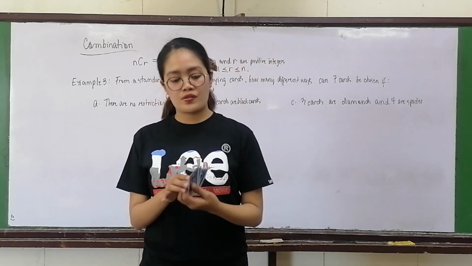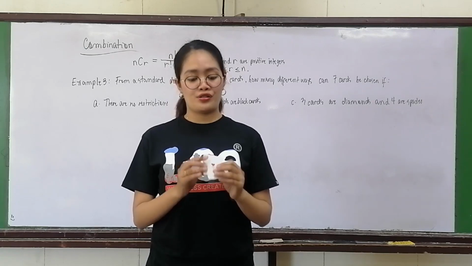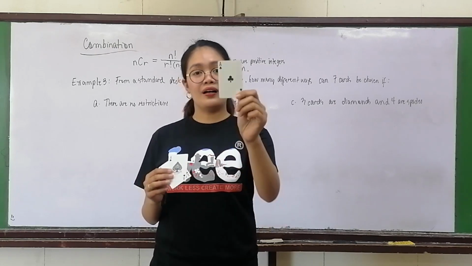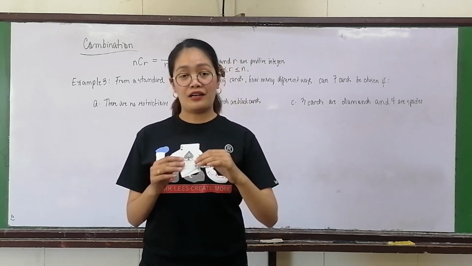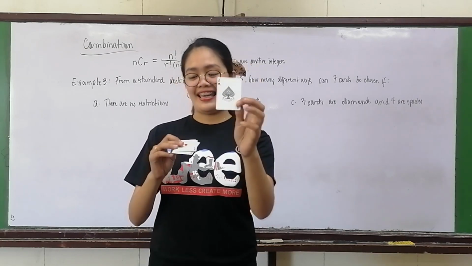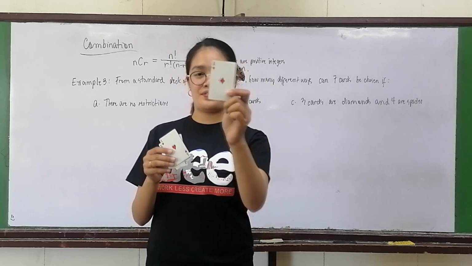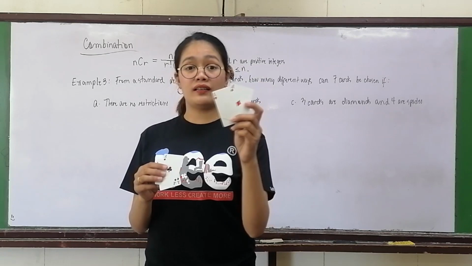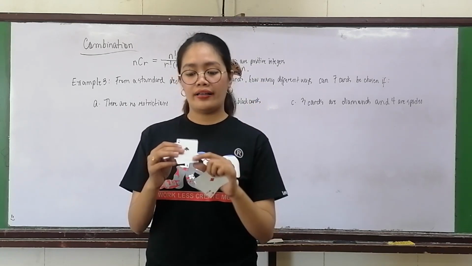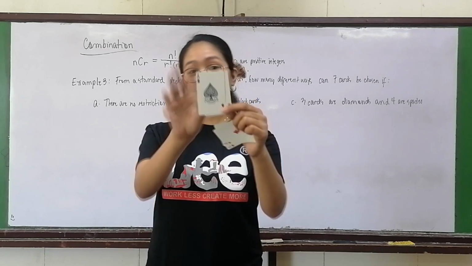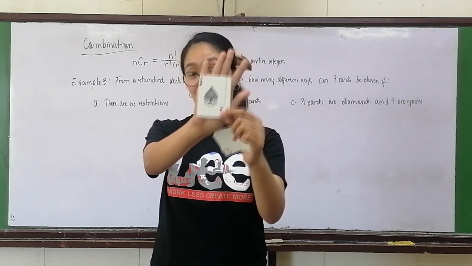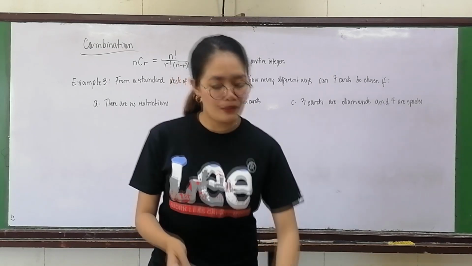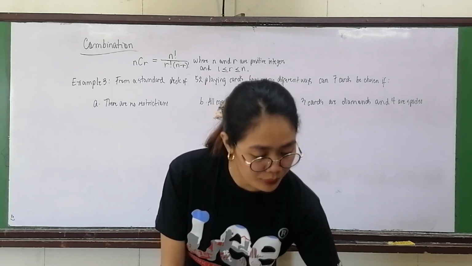A deck of playing cards consists of 4 different suits. You have hearts, clubs, spades, and lastly diamonds. Diamonds and hearts are considered red cards, while clubs and spades are considered black cards. Each suit has 13 different cards, 9 of which are numbered 2 to 10.